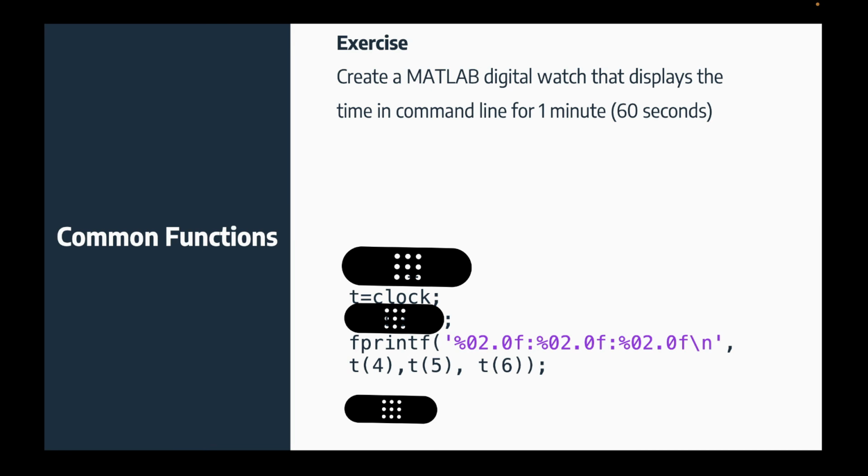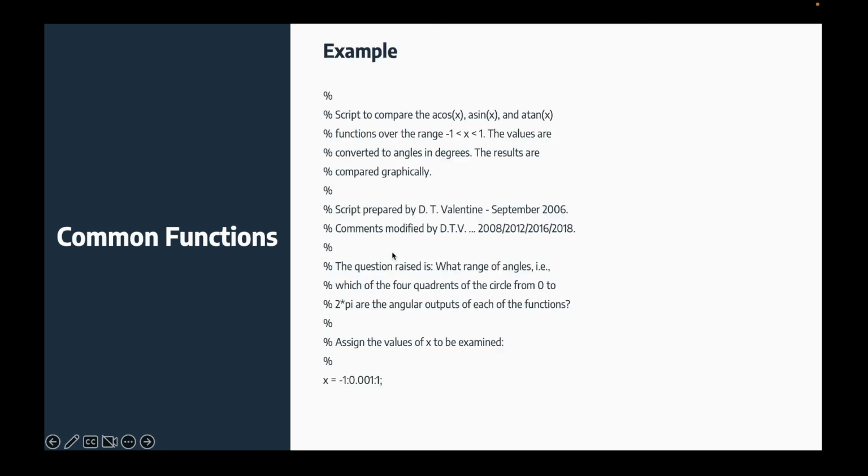From 1 to 60, it's going to write the clock at this exact moment, 60 times. This is not what we want. There is a command that you don't know. It lets MATLAB delay for 1 second. Look it up online as if you're at home trying to solve it. There's a command that will let you delay MATLAB for 1 second.